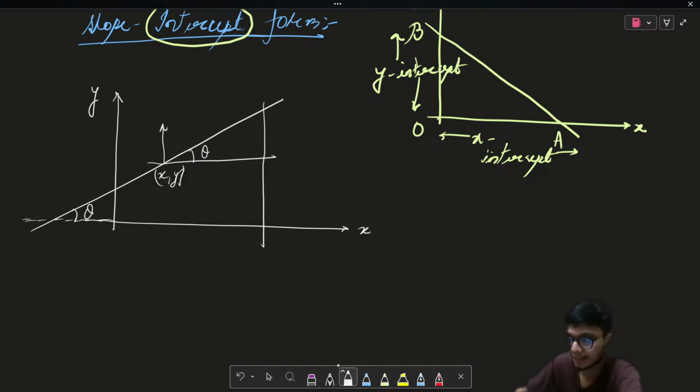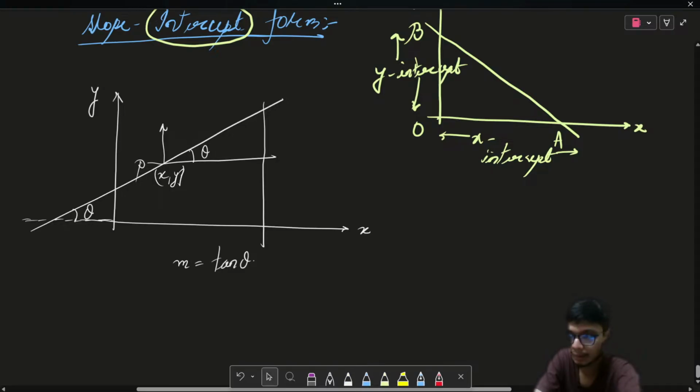My slope is given as m is equal to tan of theta, right?